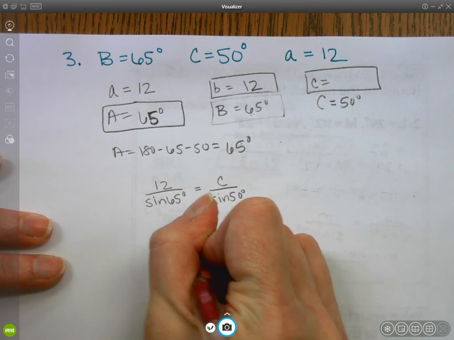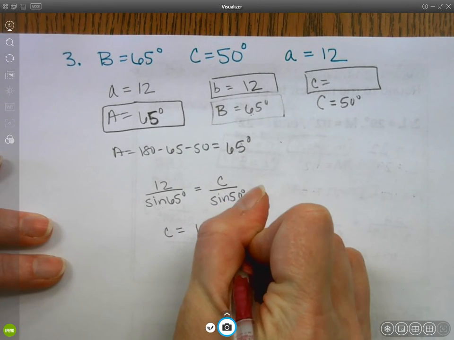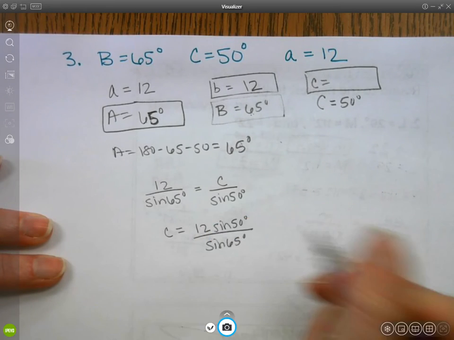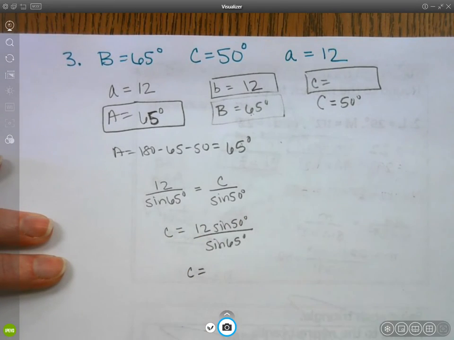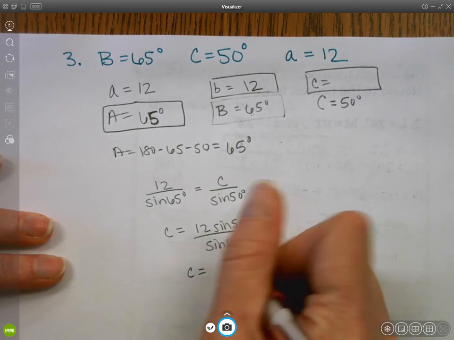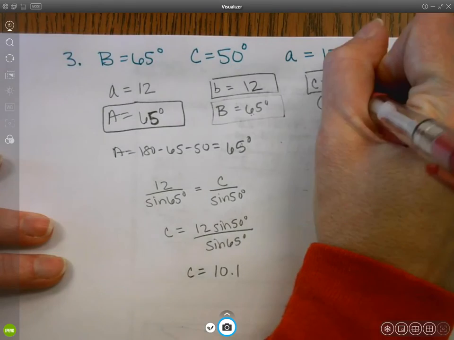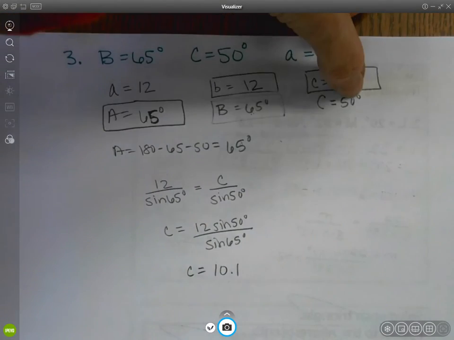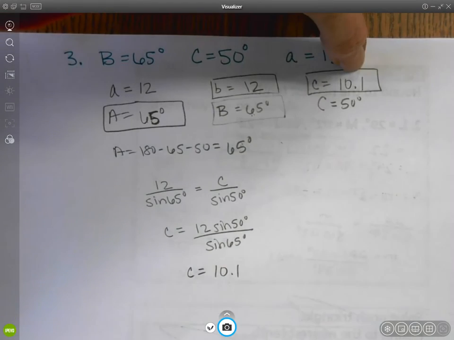So C is equal to 12 sine 50 over sine 65, which means that C is equal to 10.1. Which should make some sense because this angle is smaller, so that should be smaller than the other sides.